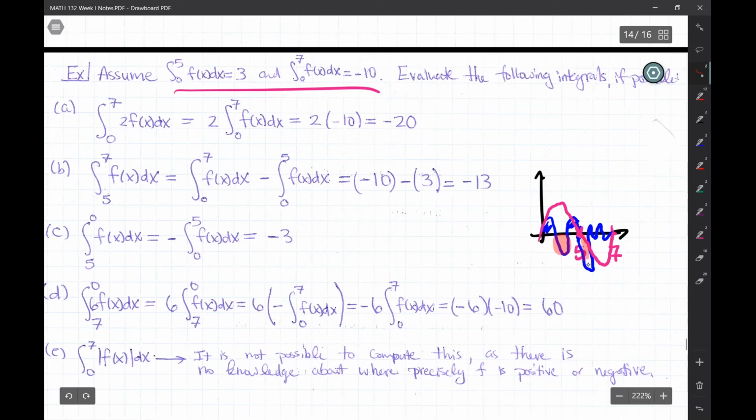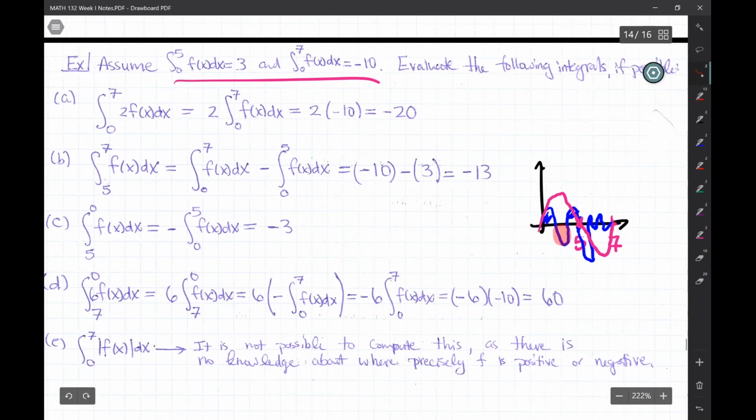But you could see that these wouldn't have the same area as that. They would still give you the same resulting value. But since we don't know which parts are below the x-axis and which parts are above, we can't make any general statement for the absolute value. So we'll conclude that we don't have enough knowledge for evaluating this last part.